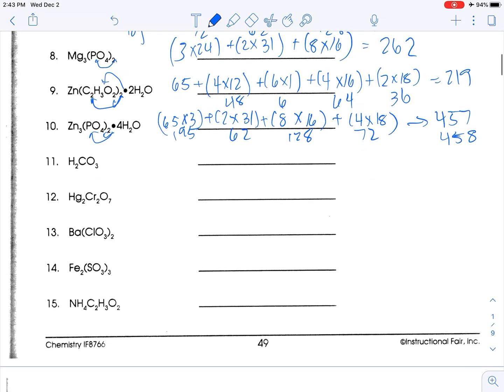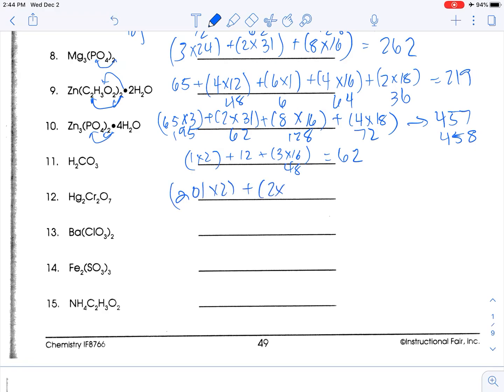Okay, getting there. Hydrogen is the mass of 1, but there are 2 of them. 1 carbon, which is 12, and then 3 times 16. So 16 times 3 is 48. 48 plus 12 plus 2 is 62 grams per mole. Mercury, 201. 201 times 2 mercuries.